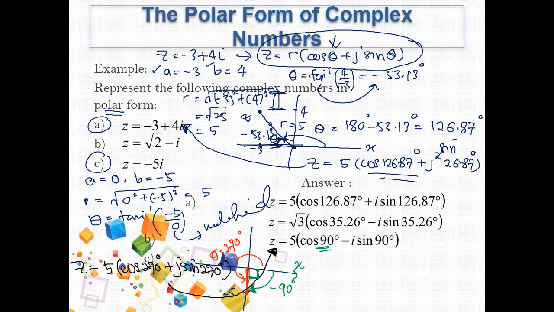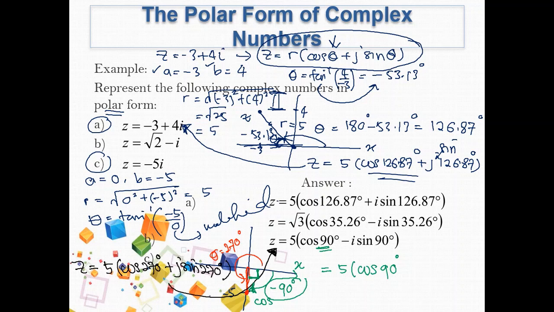Since it is negative 90 degree, when you substitute into cos, in the fourth quadrant, remember, cos is positive in the fourth quadrant, that's why you just write 90 degree here. It won't become negative in the fourth quadrant for cos.